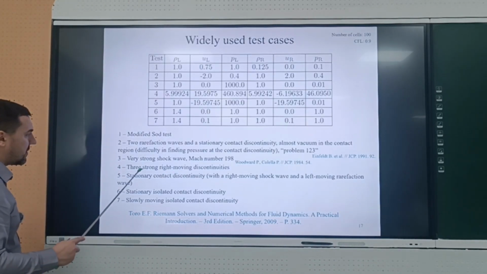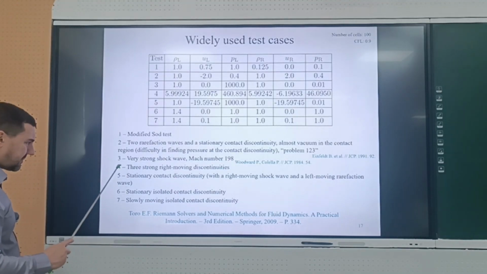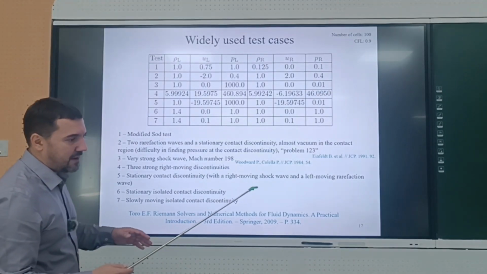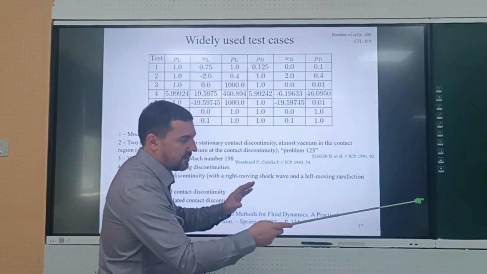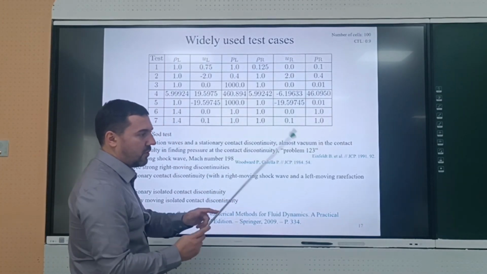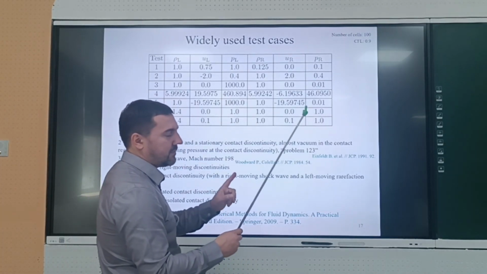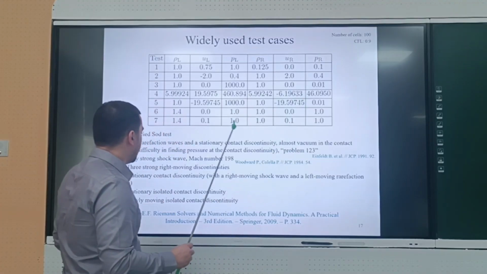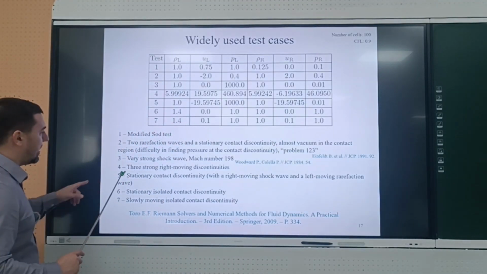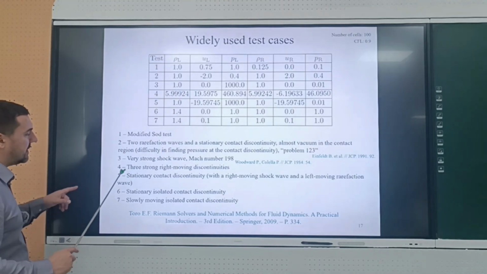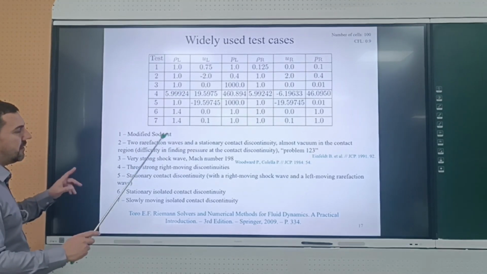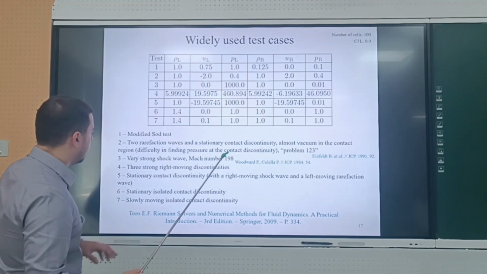The fourth test: 3 strong right-moving discontinuities. Once again, in principle, you can have all waves propagating to one side, but relative to the contact surface, the right and left waves should propagate in different directions. So in the fourth case, you have 2 shock waves and a contact discontinuity, and they all move to one side.